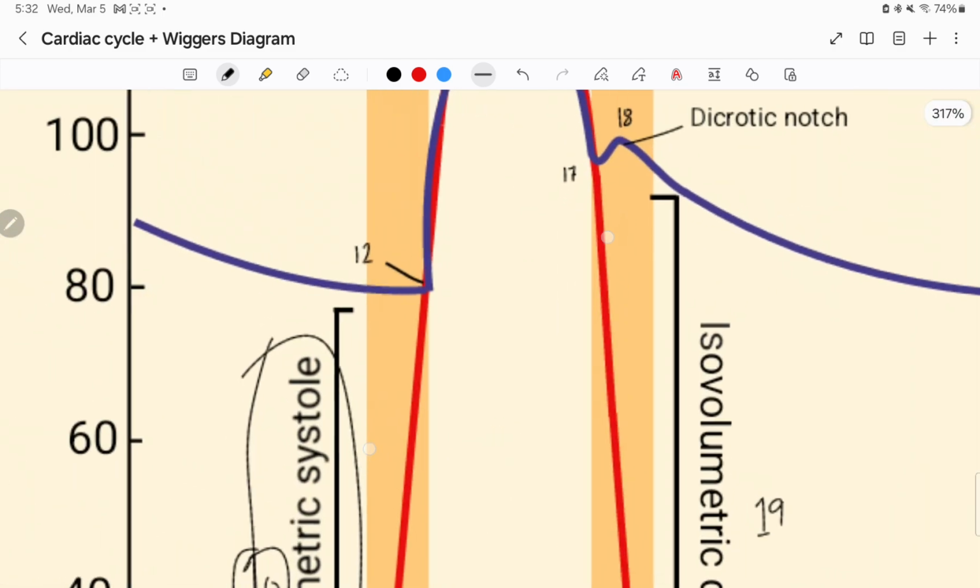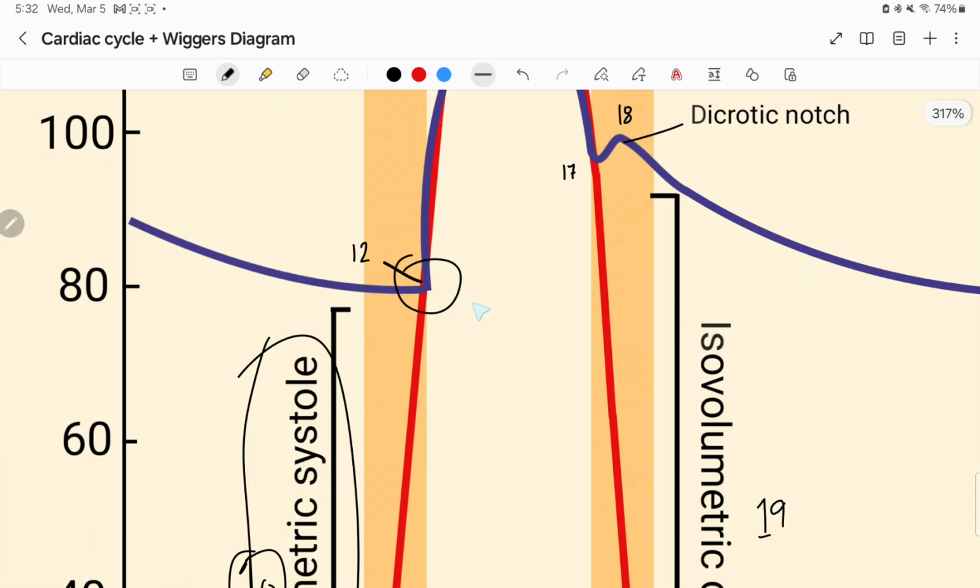And now if we move on to number 12, right here, this point, you'll see something. As soon as I generate enough pressure, aka as soon as my ventricle reaches about 80 millimeters of mercury, okay, guess what happens? Guess who else is at 80 millimeters of mercury? Well, in this resting condition at this point, the aortic pressure is around 80 millimeters of mercury.